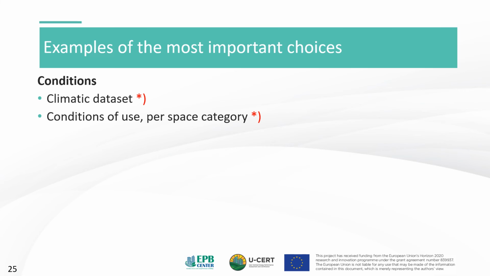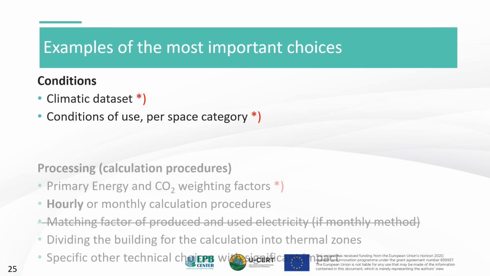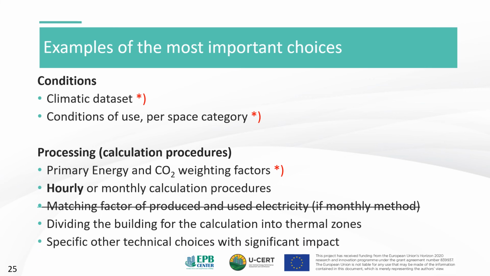Then examples of other most important choices on the conditions: the climatic data set, conditions of use. On processing: the calculation procedures itself, primary energy and CO2 weighting factors, hourly or monthly calculation procedures, and if you have a monthly method, the matching factor.